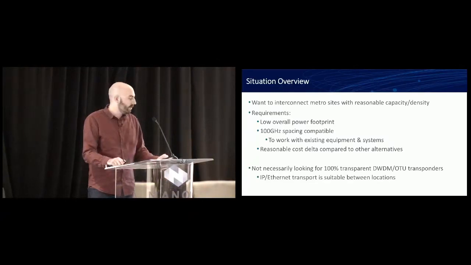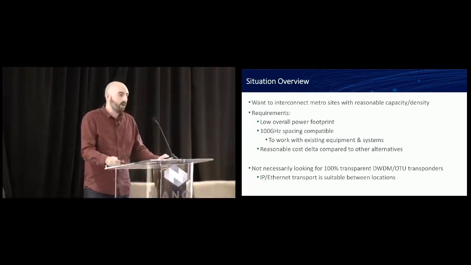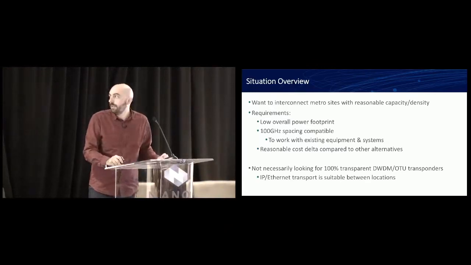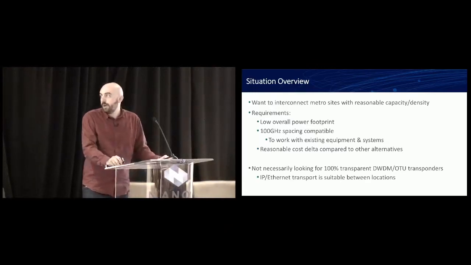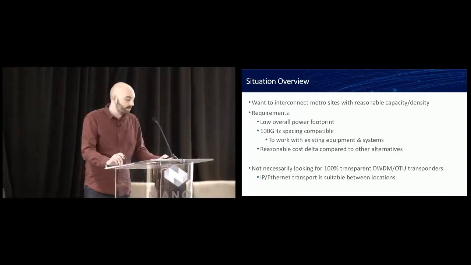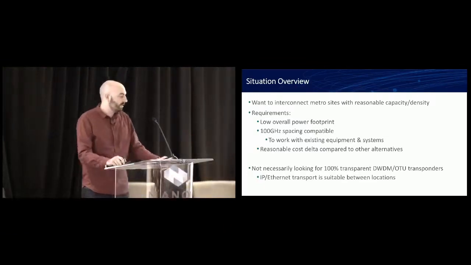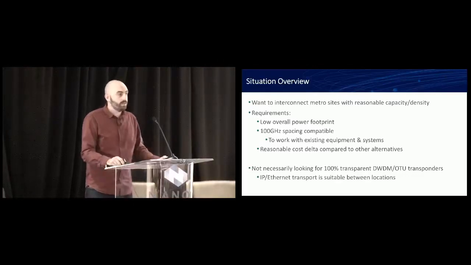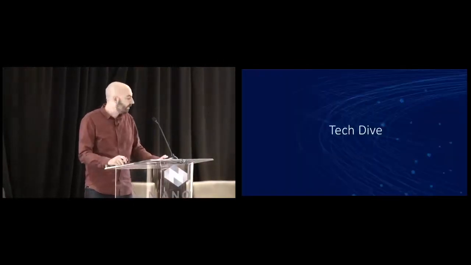We wanted something that was 100 gigahertz spacing compatible in order to work with the existing equipment and systems we had in place between these sites. And we, again, wanted a reasonable cost delta compared to other solutions. One thing we weren't looking for was 100% transparent DWDM OTU transponders. For us, IP Ethernet transport was suitable between these two locations. Basically, as long as the packets got from one side to the other cleanly, we were more than happy.